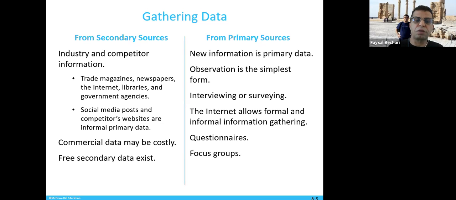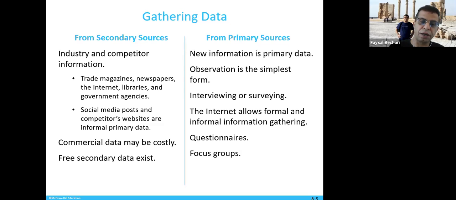Industry and competitor information you can get from trade magazines, newspapers, the internet, libraries, and government agencies. We spoke about different kinds of government agencies where you can collect this information. You can also collect it from social media and competitors' websites.